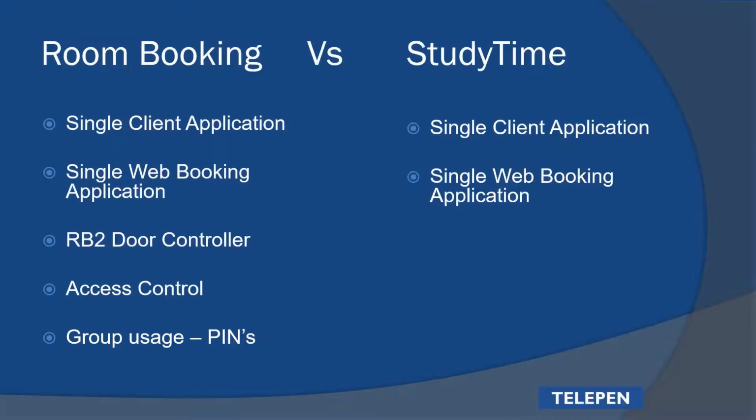So the RB2 is designed to go on a wall, potentially to control a lock, and therefore sits very firmly on the room booking side of our two systems.